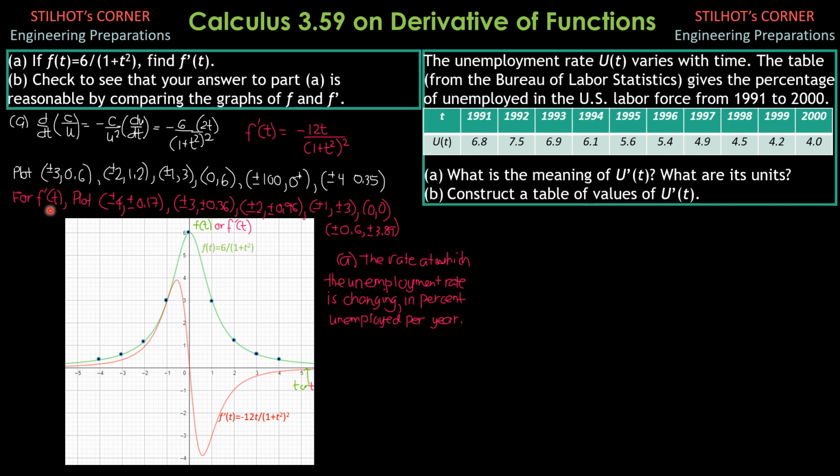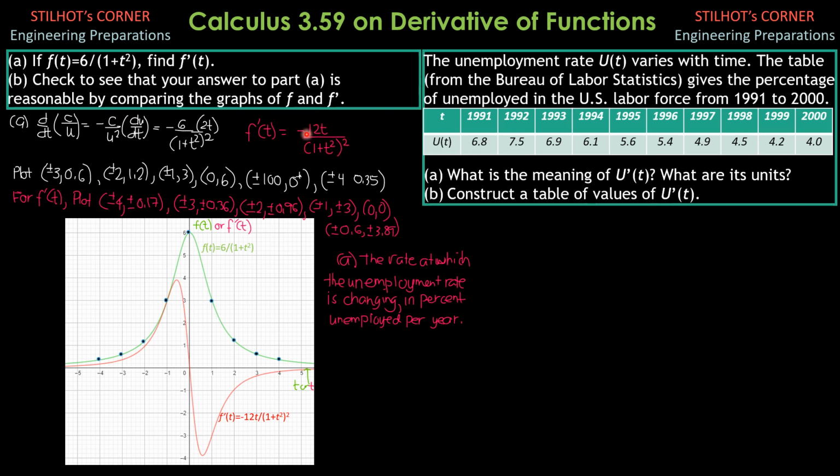So for its derivative, beginning with positive 4, then negative 0.17. Negative 4, positive 0.17. If t is very large, the derivative is very large negative.